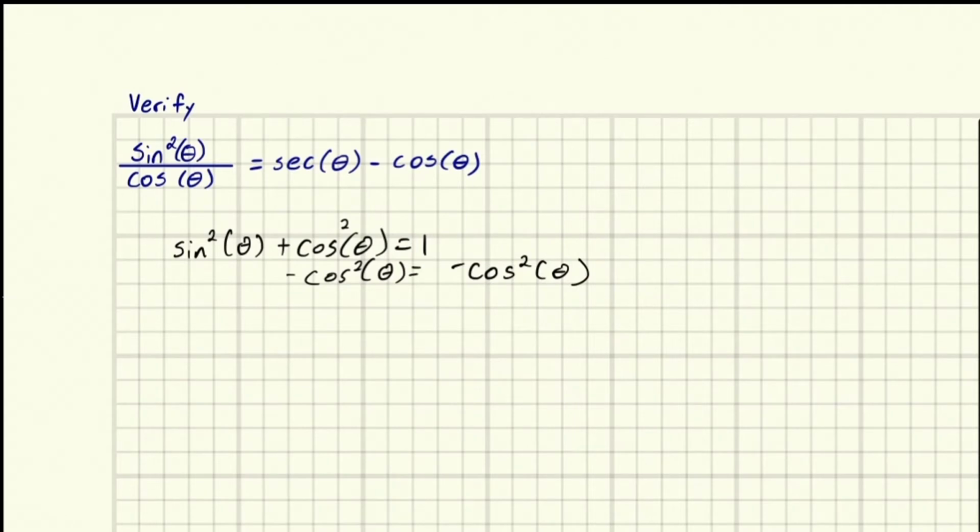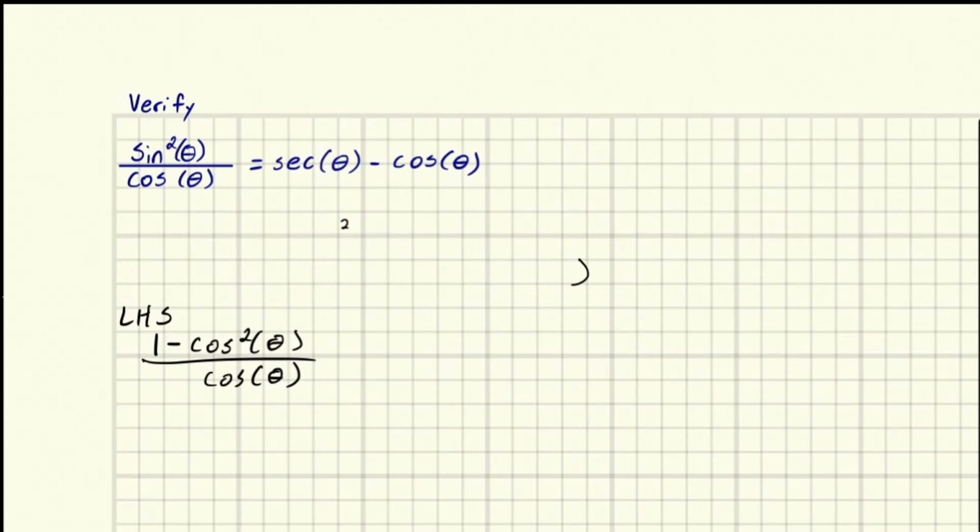And so we can replace the sine squared theta with 1 minus cosine squared theta, over cosine theta. I'm going to erase this to clean it up a bit. That was just to show you this is the case.